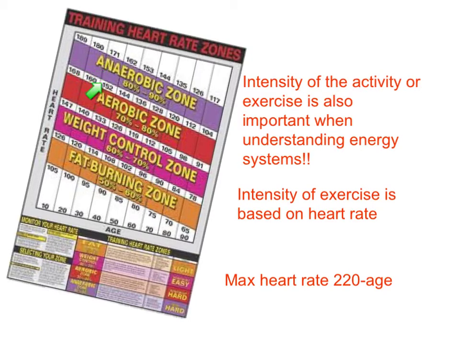If we go above that 160, as you can see here, our oxygen supply cannot meet our oxygen demand, so we flick back into the anaerobic system. So our ATP system, or maybe our lactic acid system, kicks in.